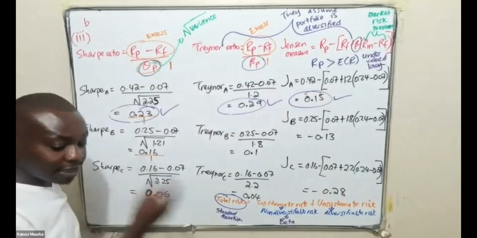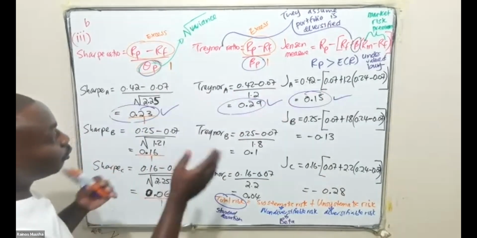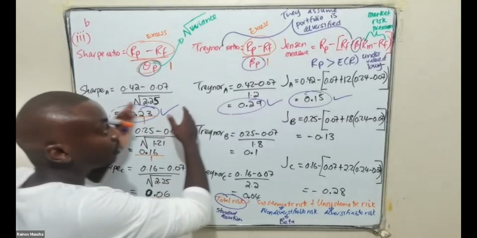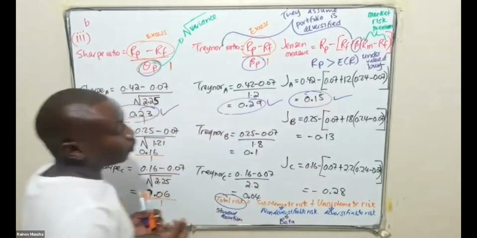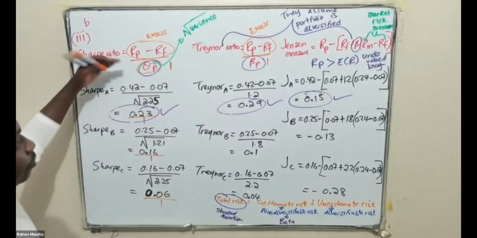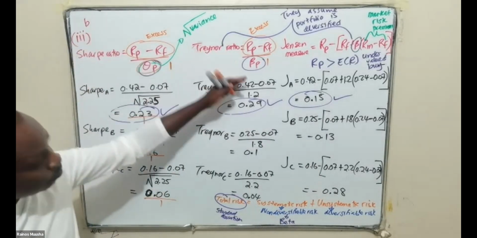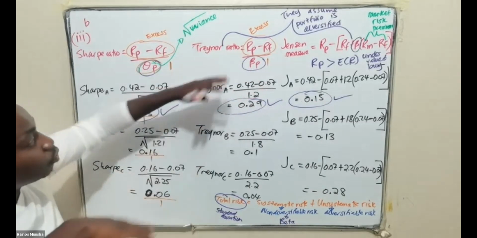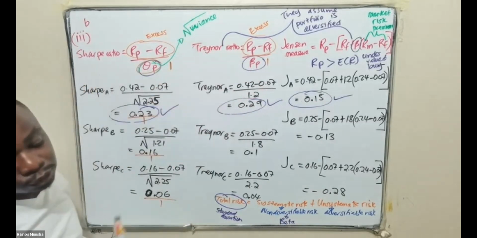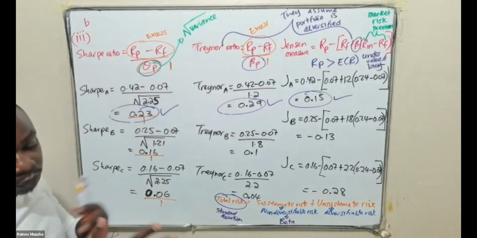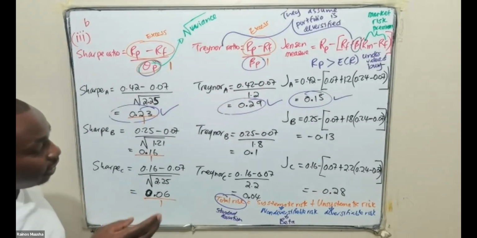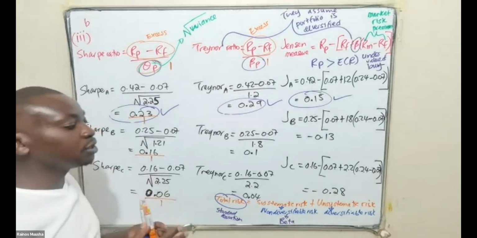If you look at past assignment questions as well, there were questions where there was a conflict between the Sharpe ratio and these other measures, where one portfolio was superior with the Sharpe ratio, and then with the Treynor ratio and the Jensen ratio, there was another one which was more superior than the one that was superior with the Sharpe ratio. And that's why there was a bit of conflict.